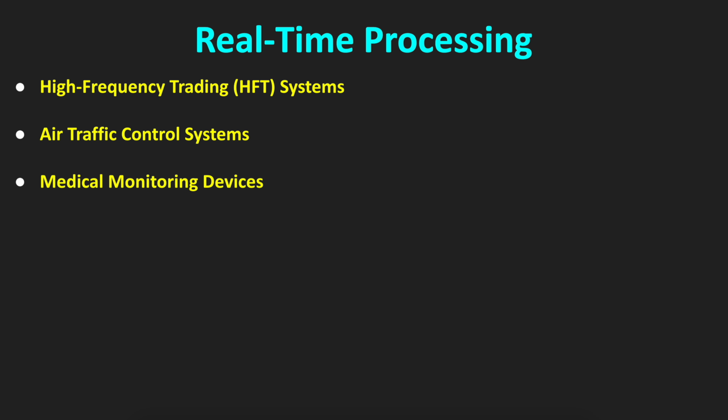The next one is medical monitoring devices. These systems track vital signs, such as heart rate and blood pressure, and process the data in real time. And the last one is autonomous vehicles. Self-driving cars rely on real-time processing of sensors to make immediate driving decisions.